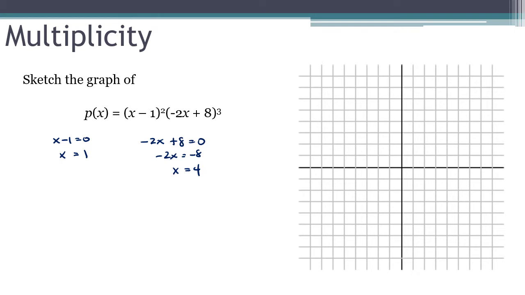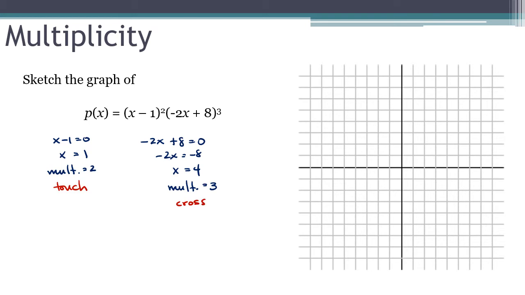Well, the multiplicity of x equals 1 is 2, and the multiplicity of 4 is 3. So I know my conclusion here: it's going to touch the graph at x equals 1, and it's going to cross the graph at x equals 4.